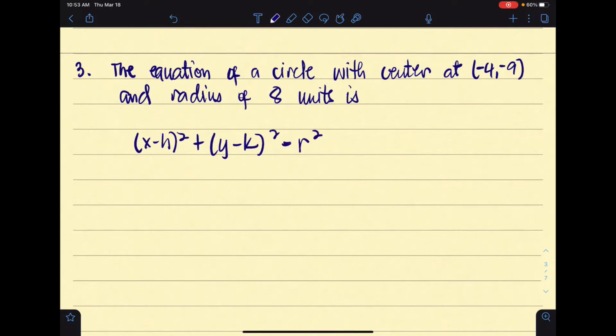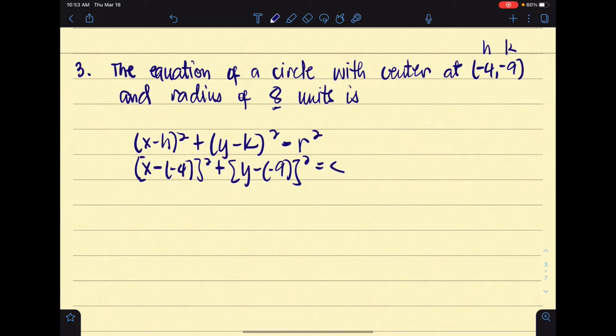We have -4 and -9 as our h and k. Injecting them into our equation, we have x minus -4 quantity squared plus y minus -9 squared equals, and our r is 8.